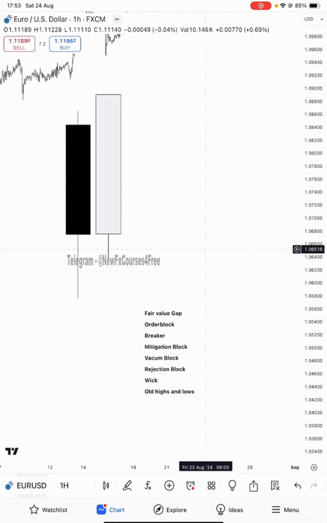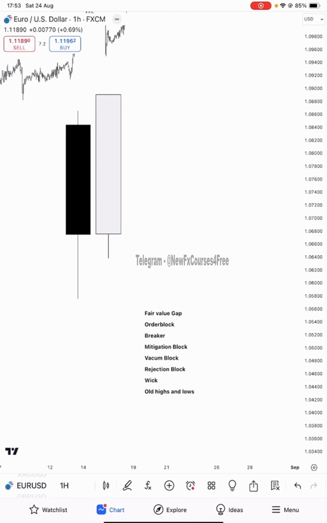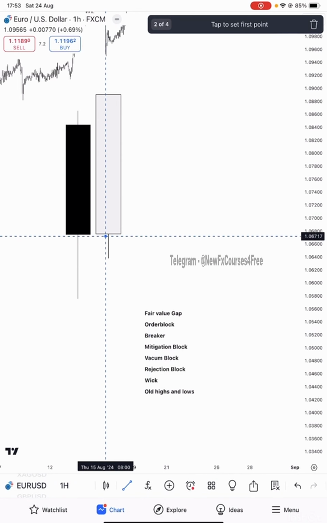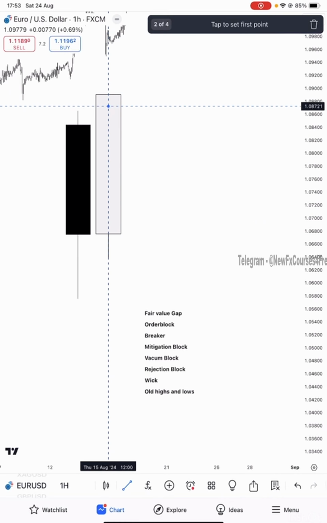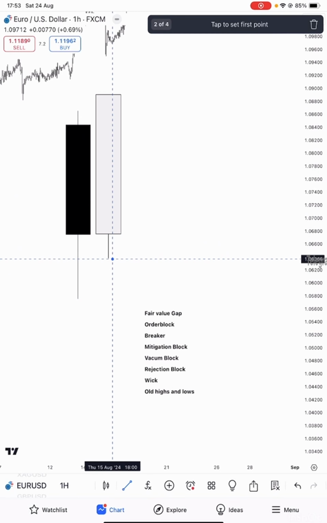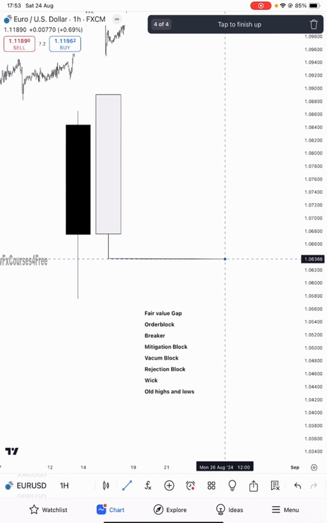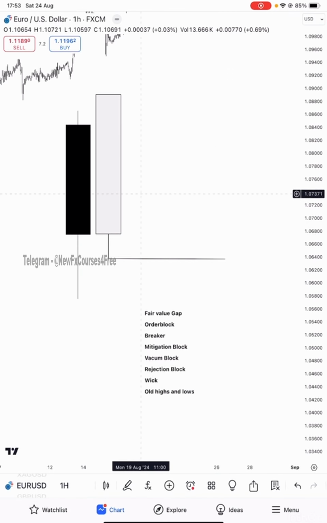And another tip, there is an example on euro. Now I will show you. Also, I will show you a vacuum block on euro that I used to trade a weekly range. Usually the candle, and CRT comes in handy, the candle before the rejection block will get taken.